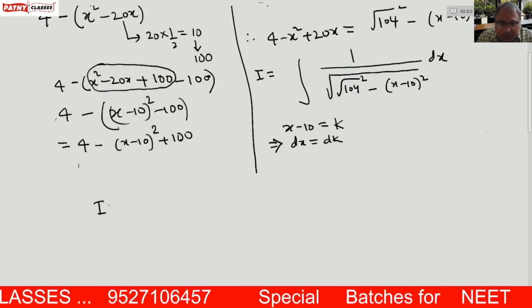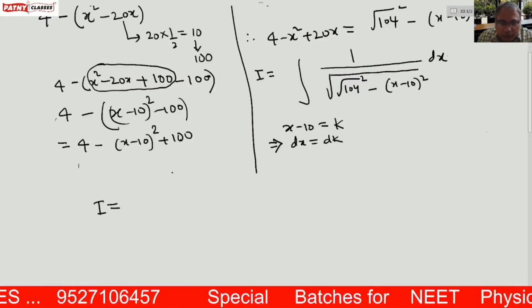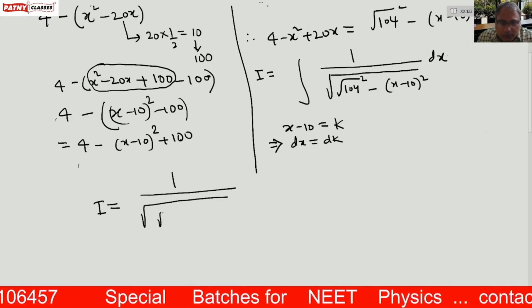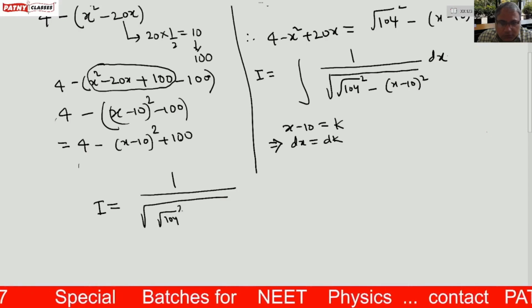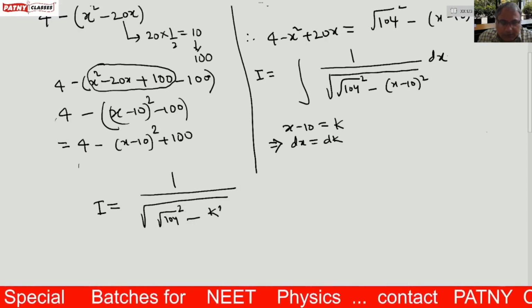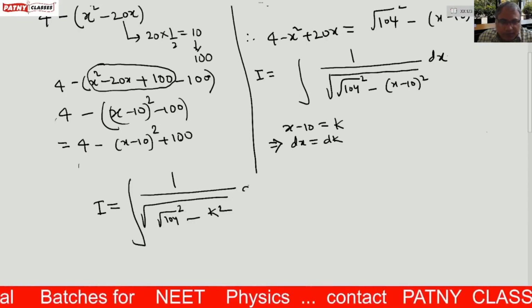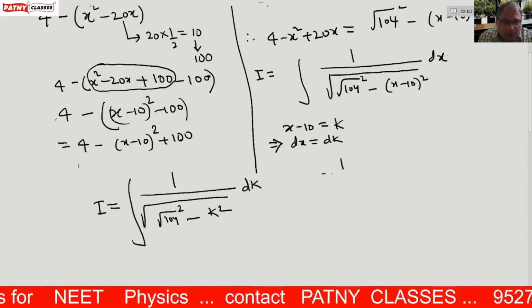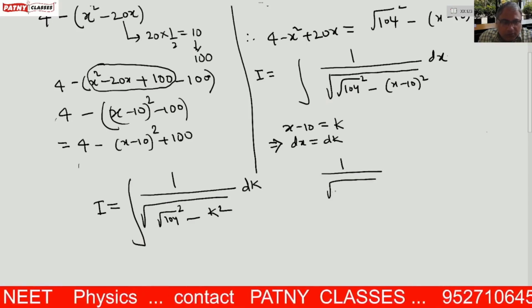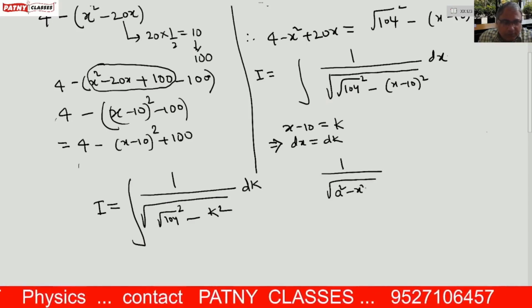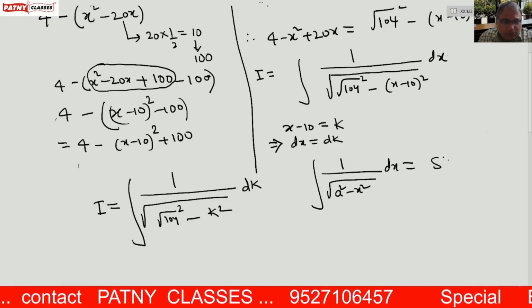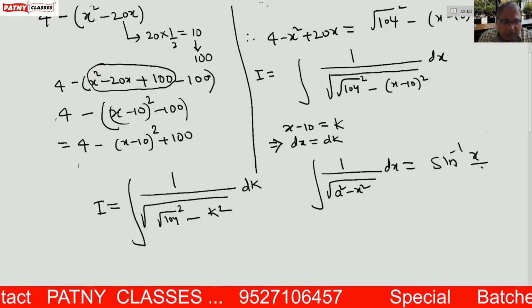In that case, I becomes integration of 1 upon under root of 104 square minus k square with respect to k. And we know the formula, integration of 1 upon under root of a square minus x square with respect to x equals sine inverse of x upon a.